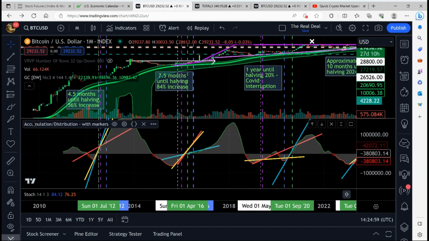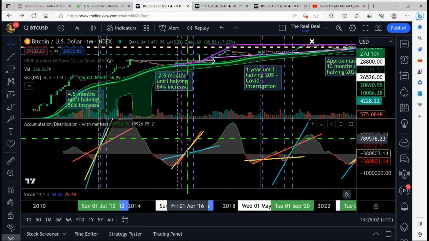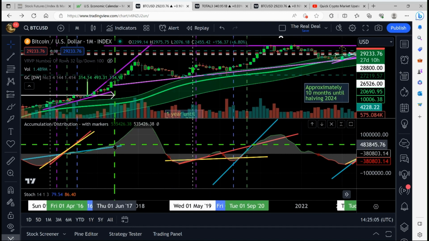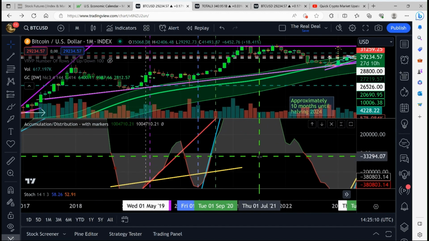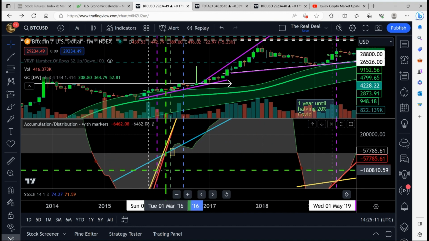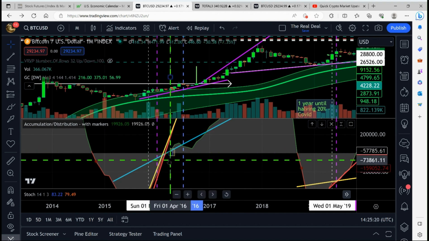So the green vertical lines represent, and I'll have to zoom in here, and this is on a monthly time frame, where we've crossed above the zero line from red to green.